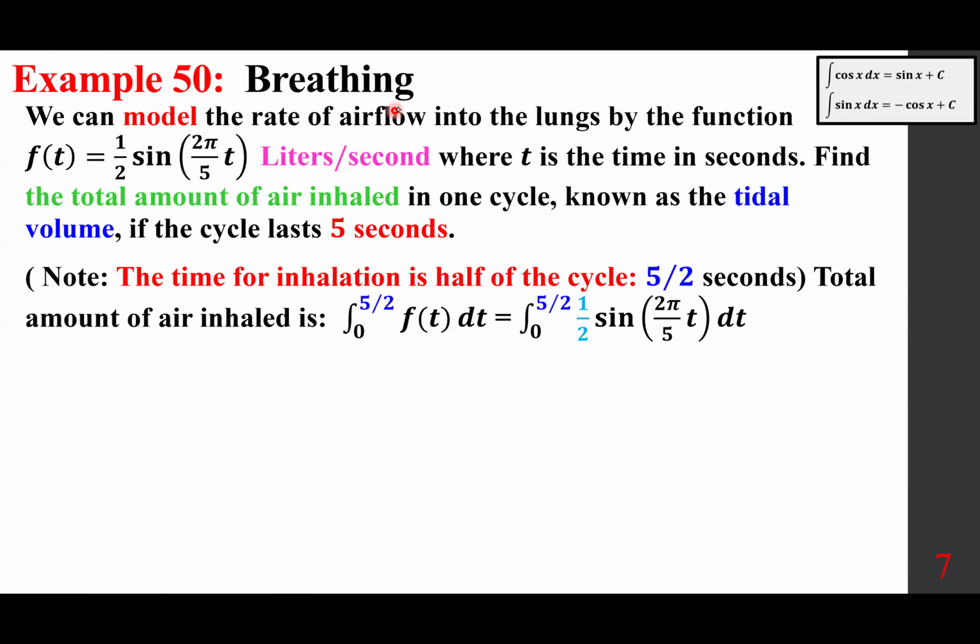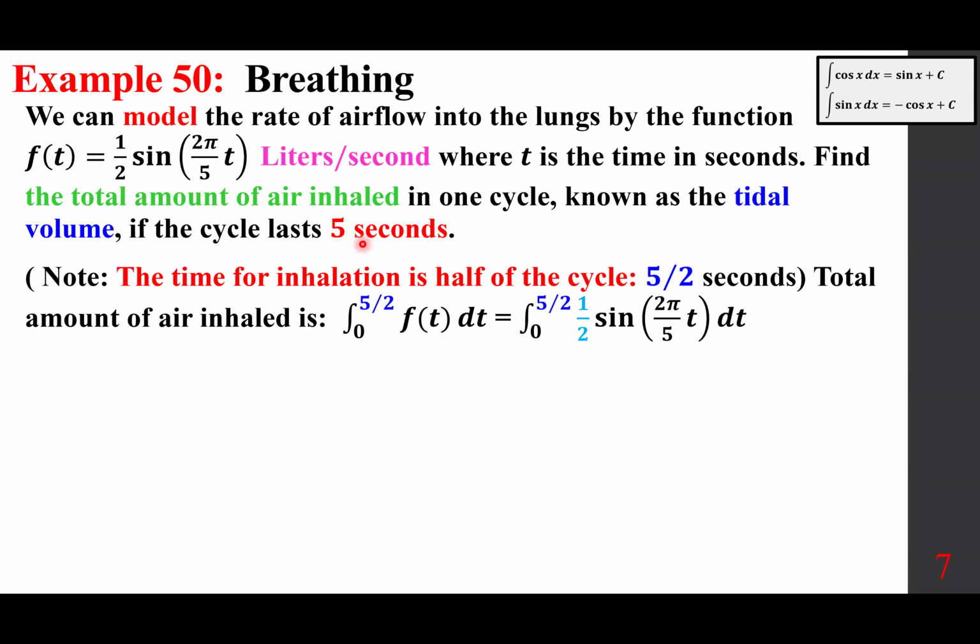Application problem, breathing. We can model the rate of airflow into the lungs by the function f of t equals 1/2 sine of 2 pi over 5 t liters per second, where t is the time in seconds. Find the total amount of air inhaled in one cycle, known as the tidal volume, if the cycle lasts 5 seconds.